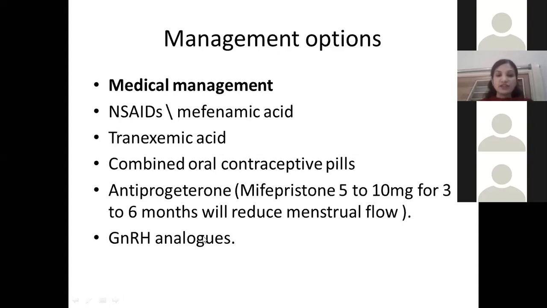But these drugs have many side effects. The most common side effect is osteoporosis if it is given for more than 6 months. But you can give it for 6 months to the patient, it has very good results. It causes amenorrhea and reduces the size of the fibroid.